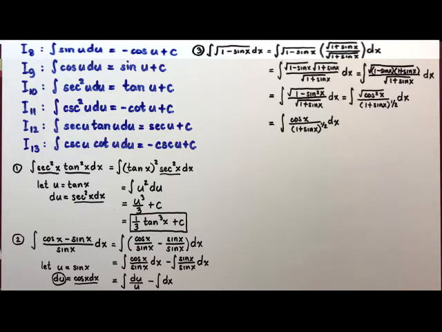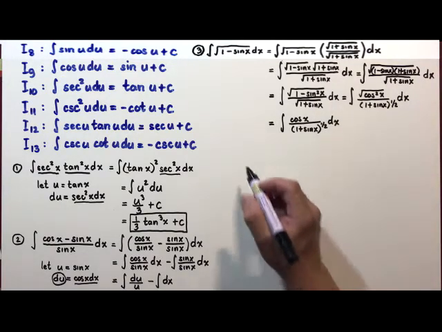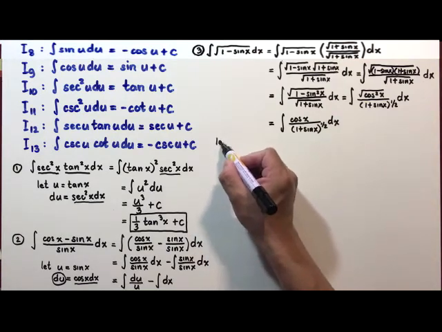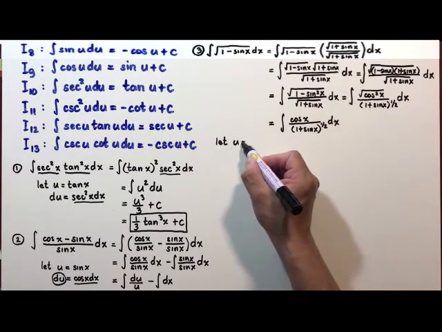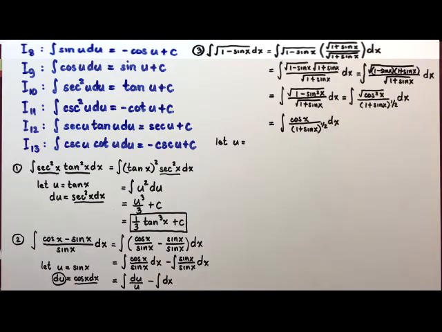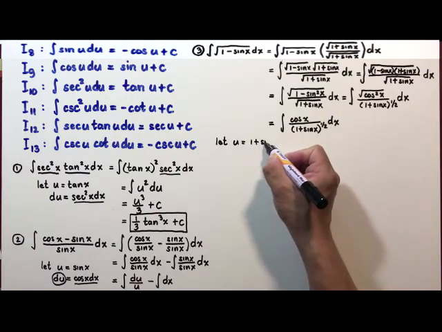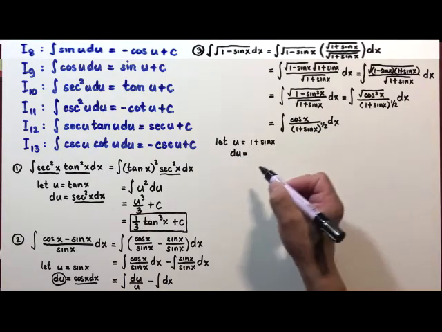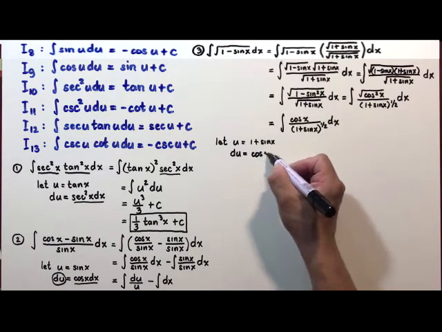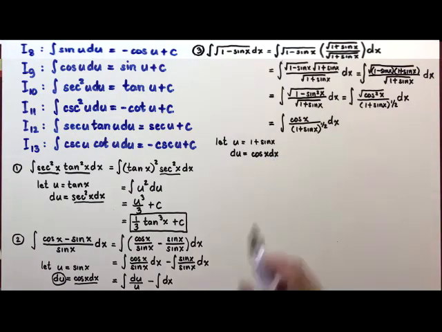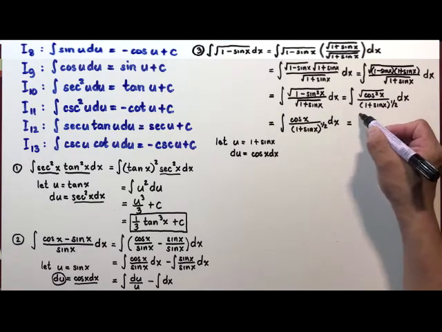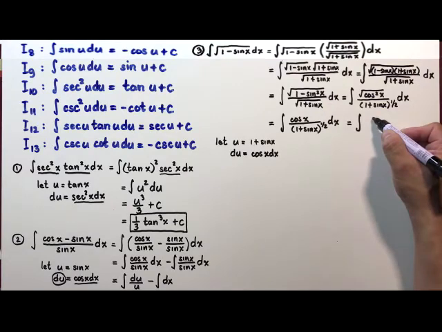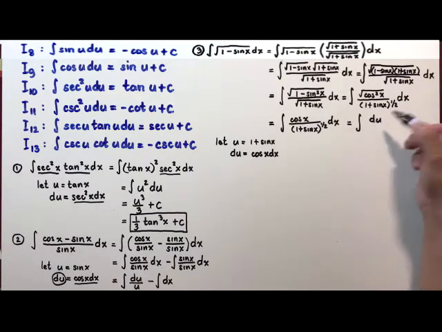But that is not a problem, because if you think in advance and let u be equal to the expression that is being raised to the exponent of 1/2, which is 1 plus sine x, then you can realize that the derivative of this, which is cosine x dx, can be found in our integrand. So by substitution, cosine x dx is our du here.